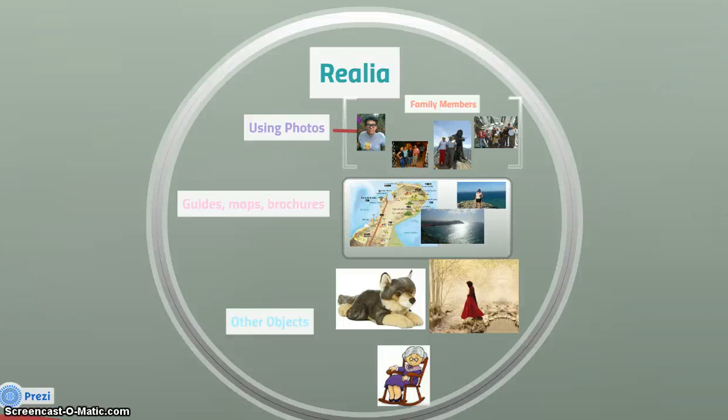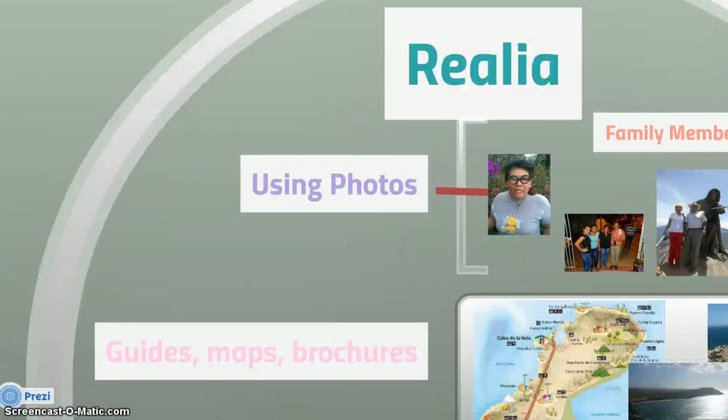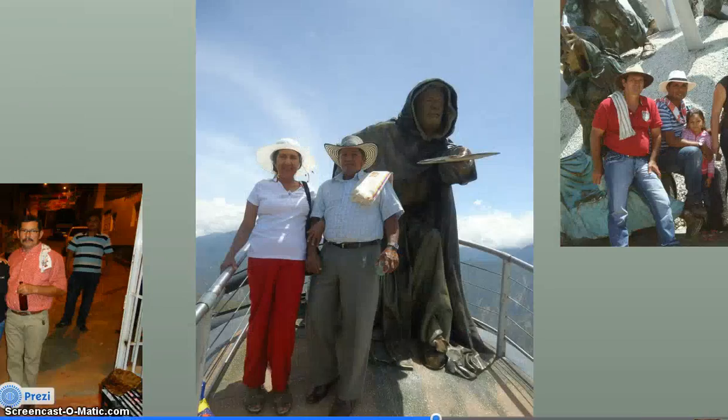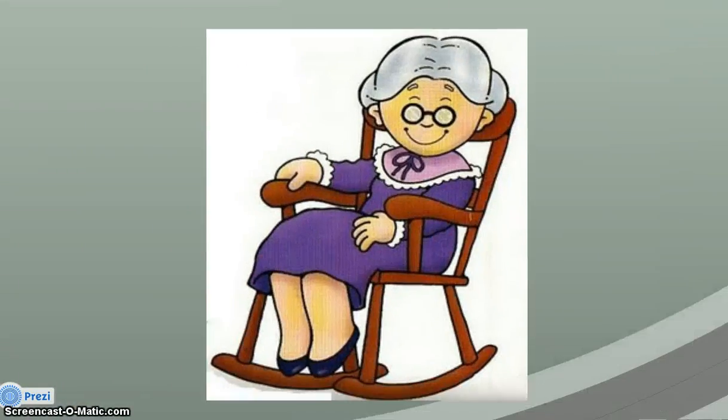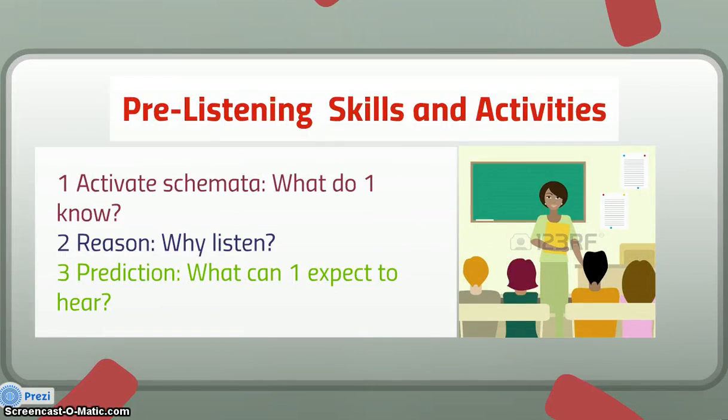You can bring an apple, but a real one. You can use a teddy bear, but a real one, if it is present in the recording, in the activity, or if it is relevant for some reason. But the idea is to use something from the real world. So photos, maps, toys, whatever.